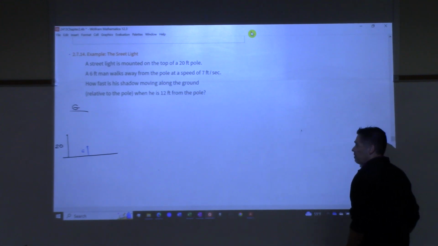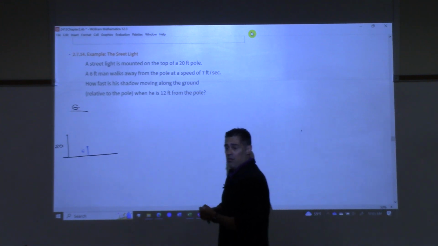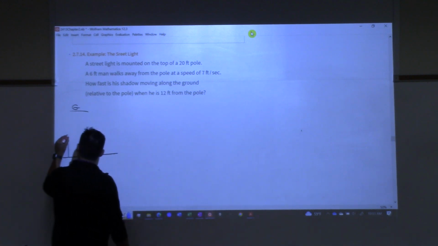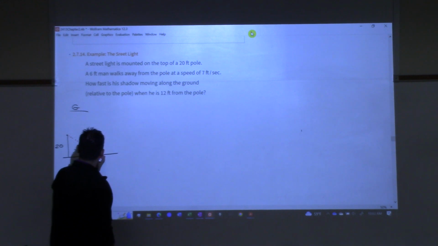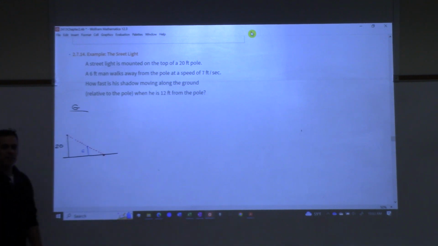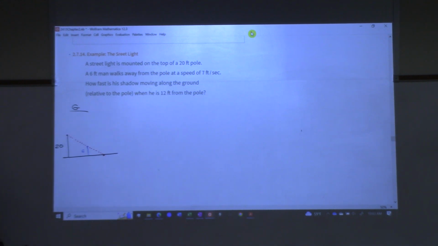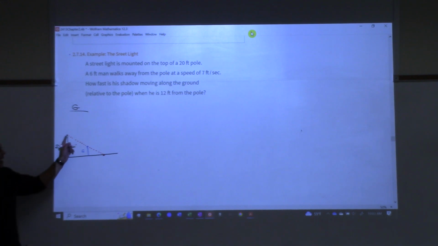And I have a shadow, right, that's being cast onto the ground, and that's that point right there, right? And I want to know how fast that point is moving relative to the pole, right? To the pole.